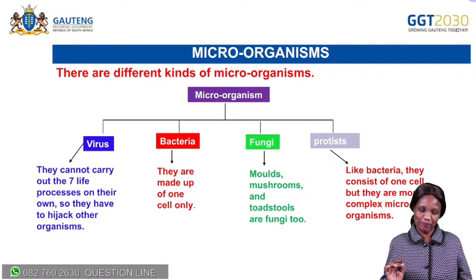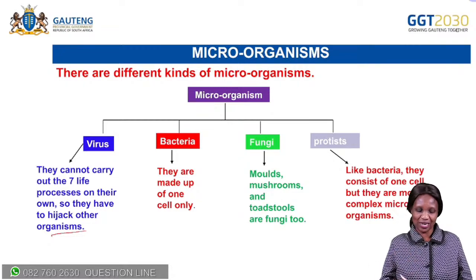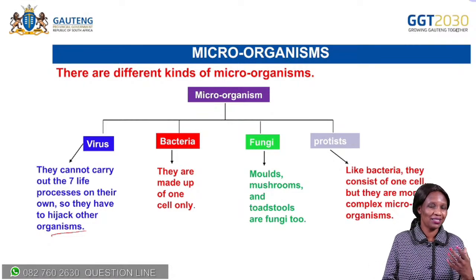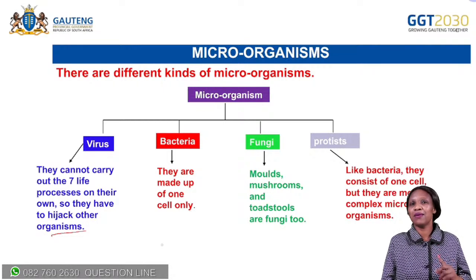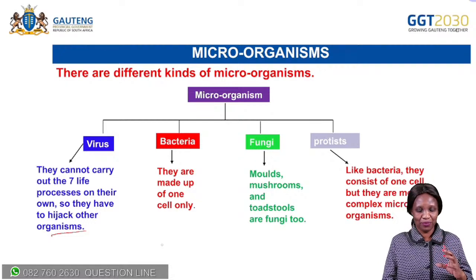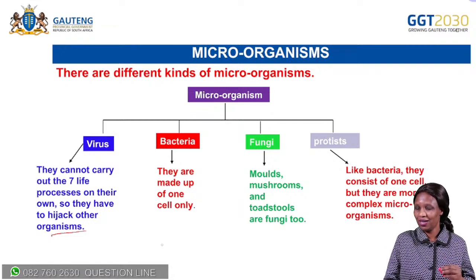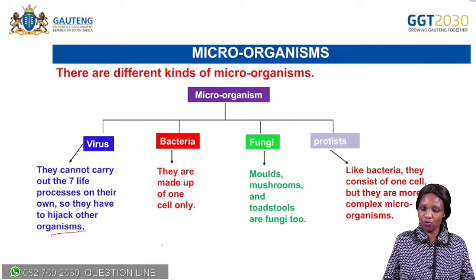So they have to hijack other organisms so that they can survive. And then the bacteria, remember what we said about the bacteria, they are made out of only one cell. Therefore, they are unicellular. Uni means one. Okay. And then we've got fungi.